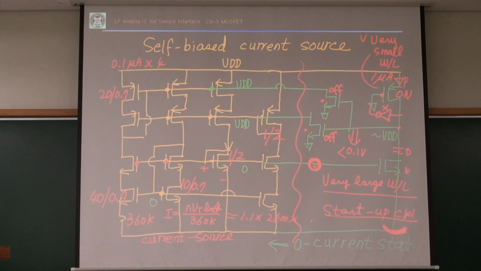What's log 4? Maybe 1.5, I'm not sure. With 360K, maybe around 100 nanoamp, I'm not sure. It goes around that value.